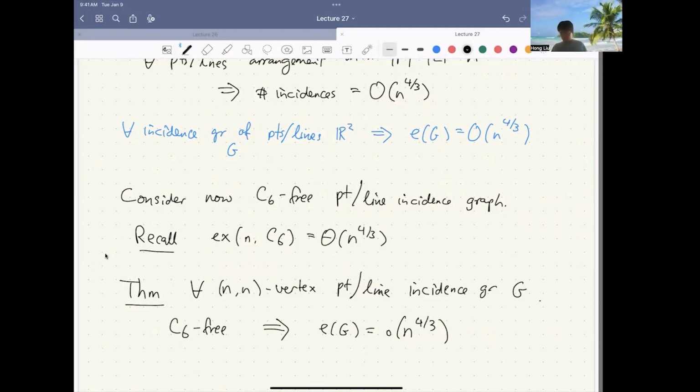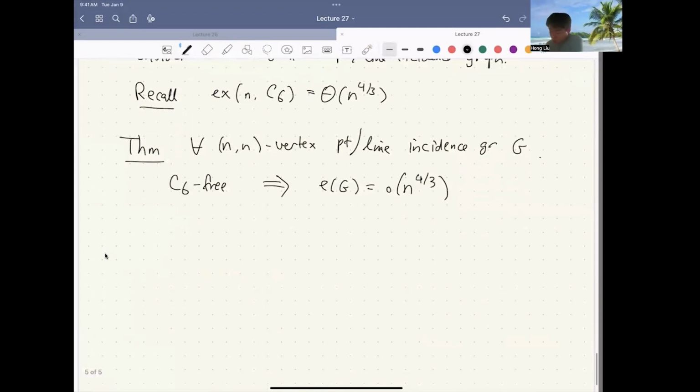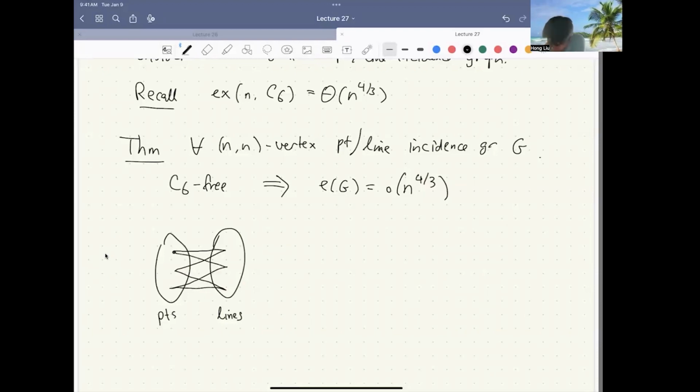So before proving this, let's first see what C6 free means. Well, you have these points and lines. C6, for example, looks like this: P1, L1, P2, L2, P3, L3.